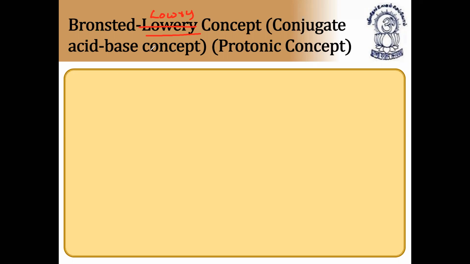Very, very important. From this theory, definitely you will get a question in entrance exams. So what is the conjugate acid-base theory? That also we will discuss. Why is it called the conjugate acid-base theory? Also the protonic concept. Now we are going to discuss.